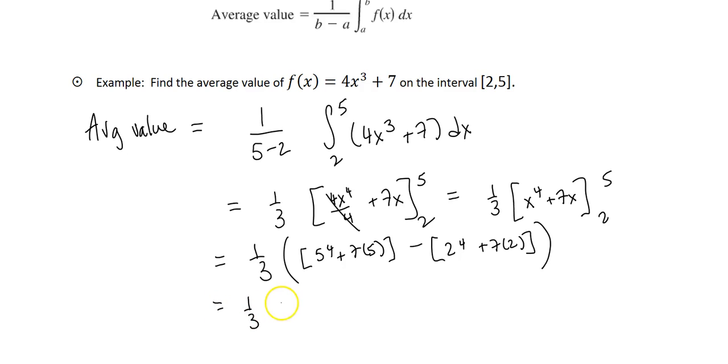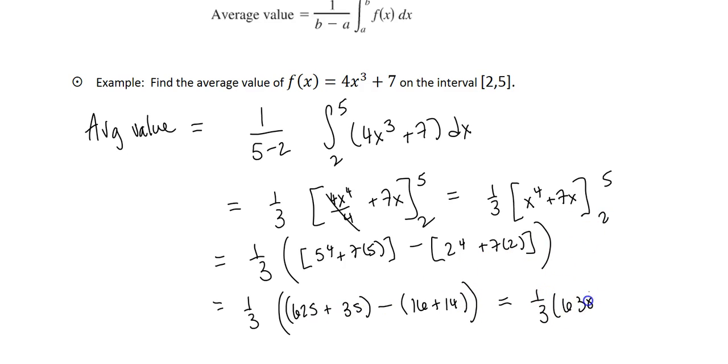So that gives me 1/3 times 5 to the 4th is 625, 7 times 5 is 35, and then 2 to the 4th is 16, and 7 times 2 is 14. If you add all these numbers up, you get 630, and 1/3 times 630 is 210. So the average value of this function on this interval is 210.